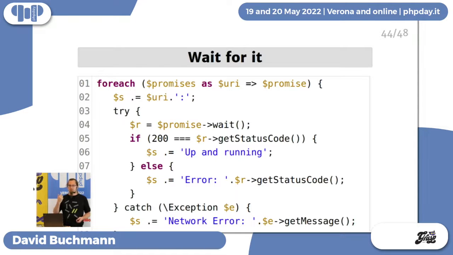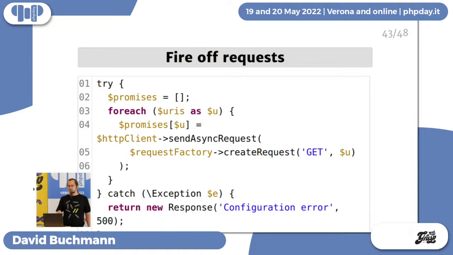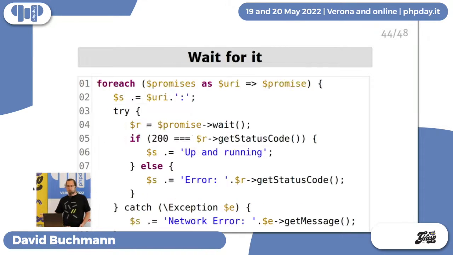But the important thing to understand is that once I did this send async request, the client implementation is doing a request in the background, because the way this is done, for example, in Guzzle, is relying on curl implementation, which in turn actually does use threads.